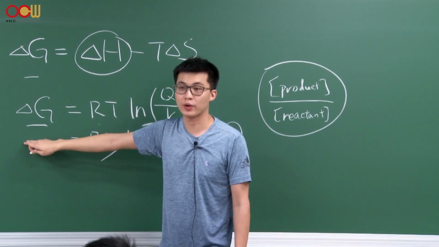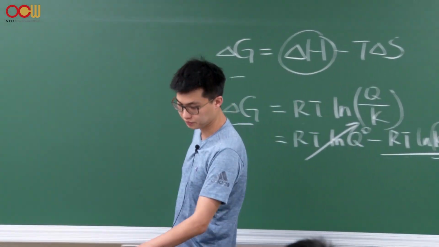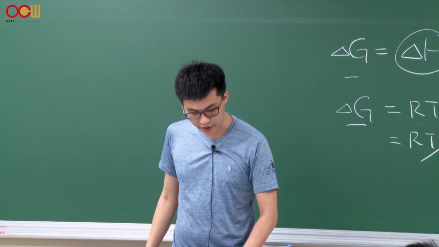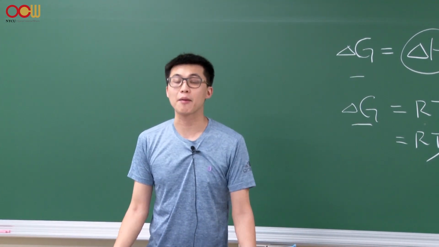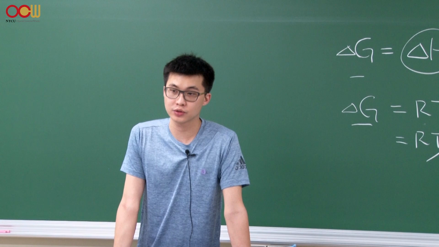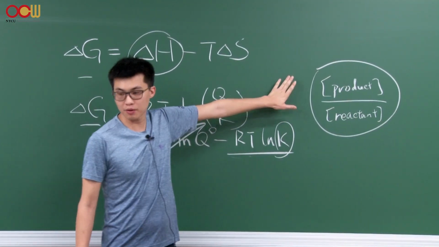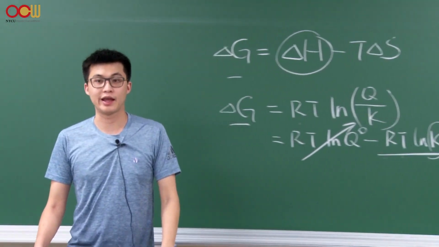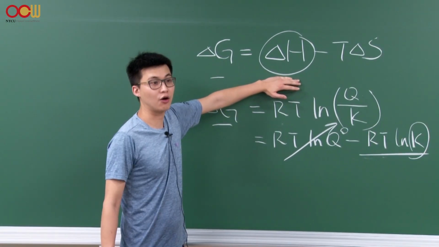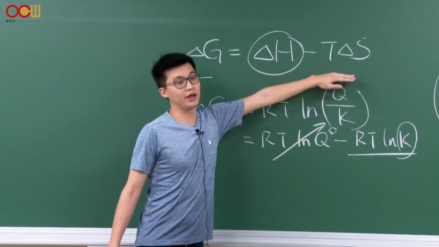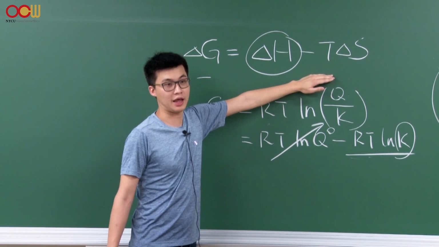So, we know when the delta G is negative, it's energetically favored. So you can look at table 20.3. It basically just tabulates all the values, like what I just said here. When you have an extremely large K, you have an extremely negative delta G. The way you look at it is either giving out a lot of heat, or increasing the entropy by a lot, or at an extreme temperature.